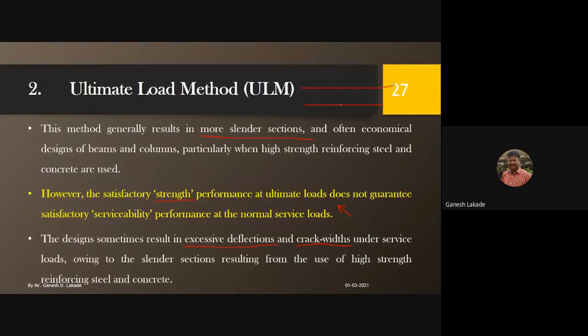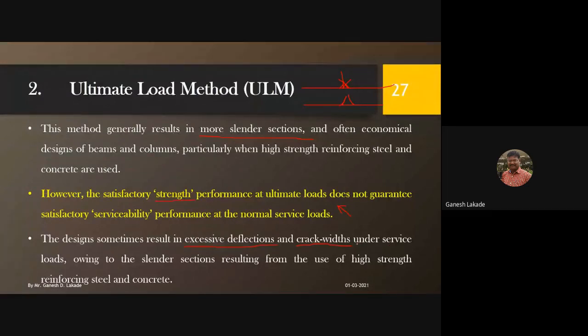If this is the concrete section and you apply the load like this, the crack will start from the bottom, the soffit. The crack size is normally referred to as crack width. There are limitations regarding this crack width. If the crack width is beyond the permissible value, moisture will start penetrating and corrosion of reinforcement will start. That is not considered in the ultimate load method.